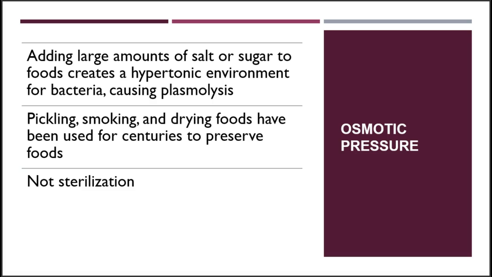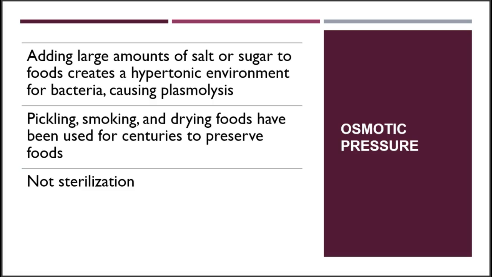So adding large amounts of salt or sugar to foods creates a hypertonic environment for bacteria, and this can cause plasmolysis. So remember, in a hypertonic environment, the water is going to leave the cell and enter the environment. This is going to cause the cell to shrink, and that's plasmolysis.